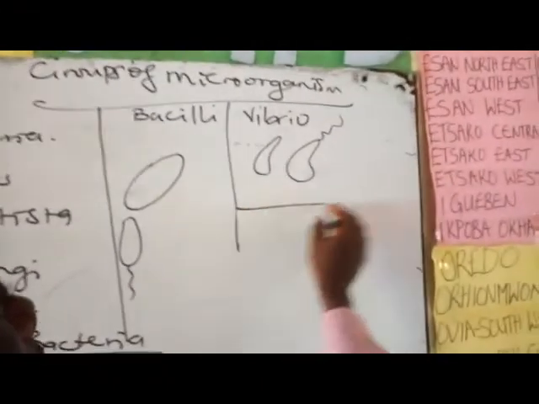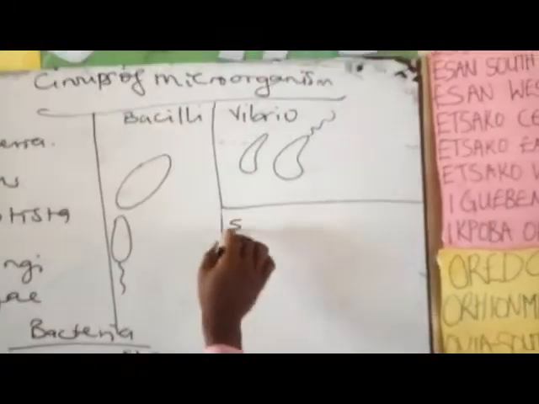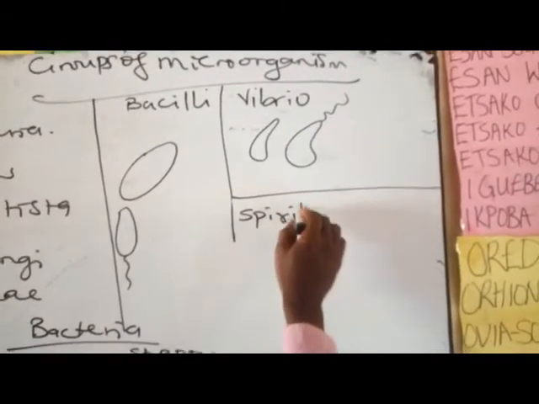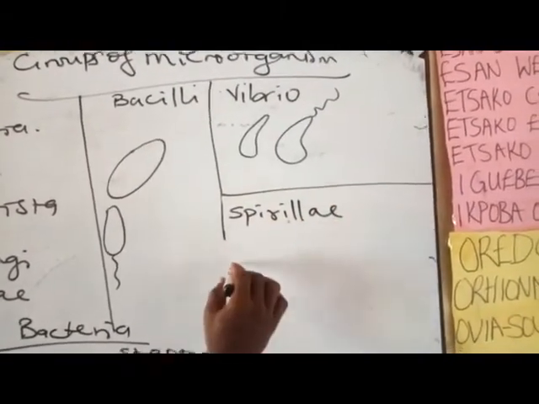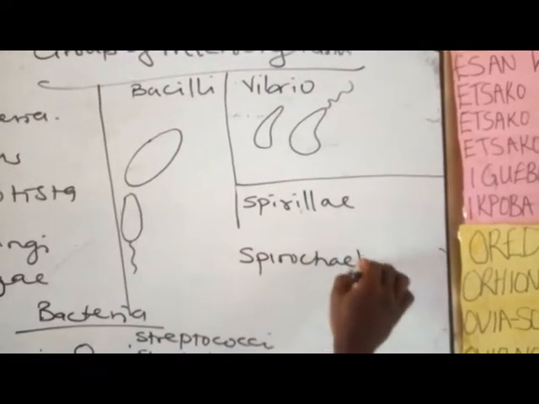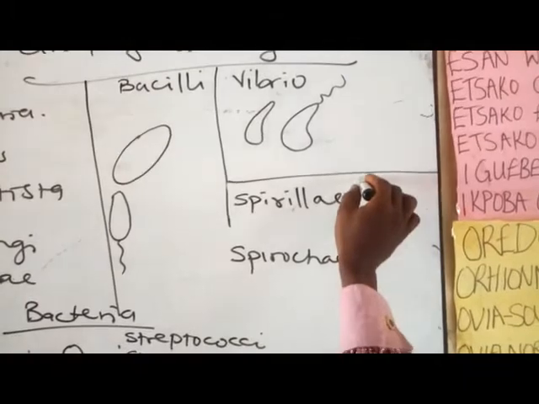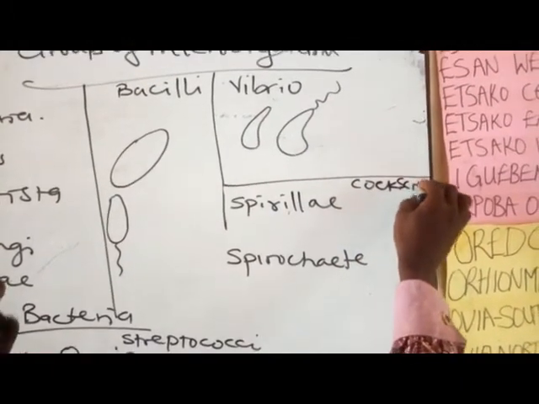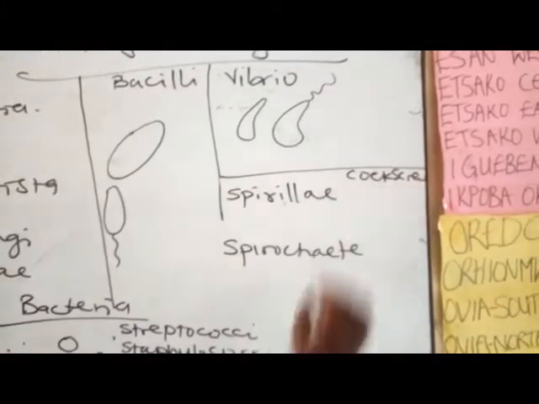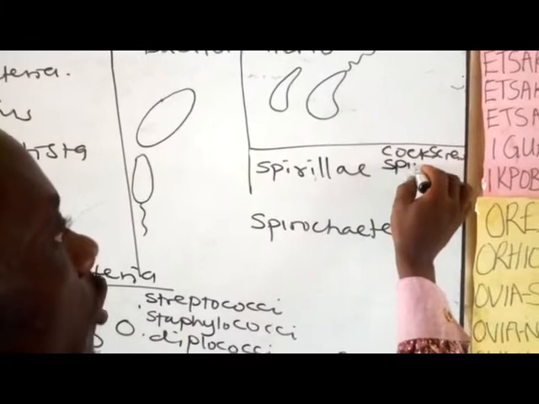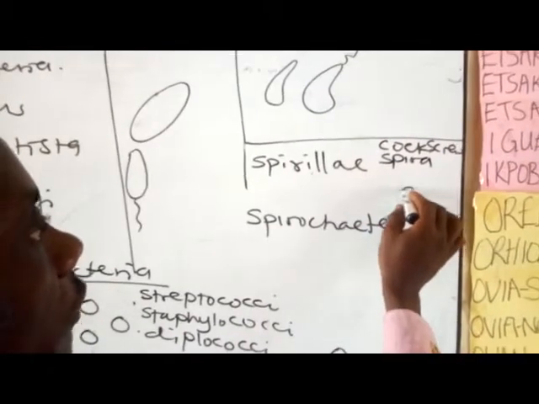Then for spirillae and spirochaete, they have a similar shape. They are corkscrew shaped, or you say they appear like a spring, spiral shape in this form.